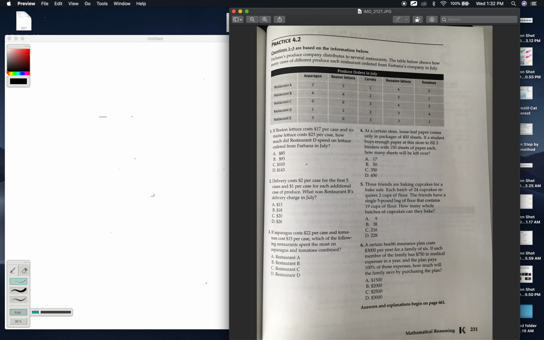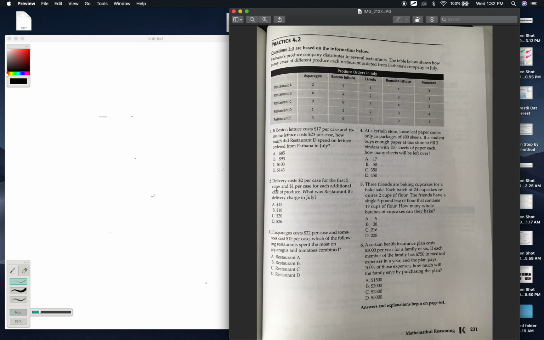So, next question. Delivery costs $2 per case for the first 5 cases and $1 per case for each additional case of produce. What was Restaurant B's delivery charge in July? So Restaurant B purchased how many cases? 4 plus 4 is 8 plus 2 is 10 plus 2 more is 12 plus 1 is 13.